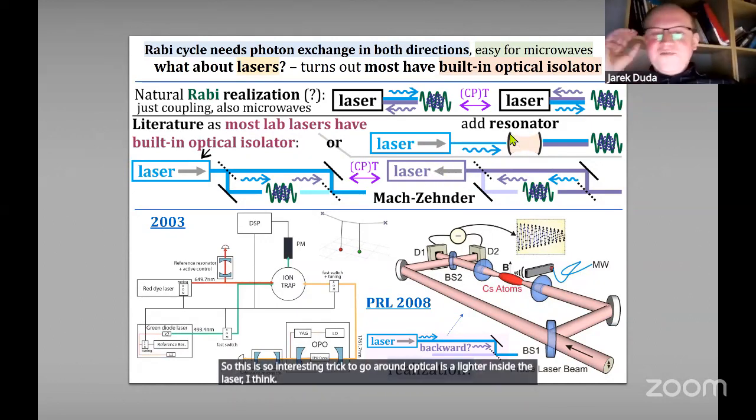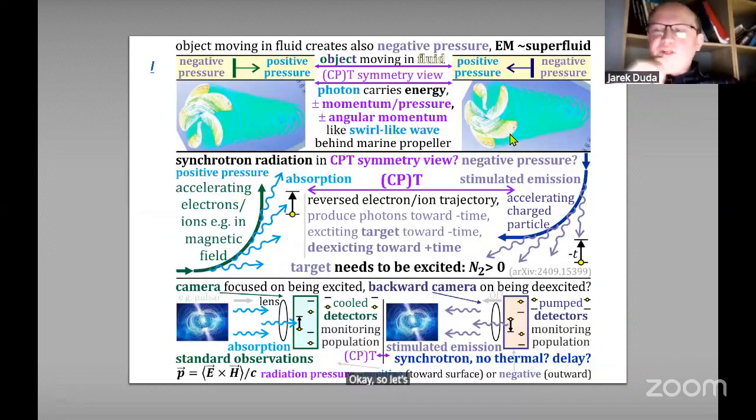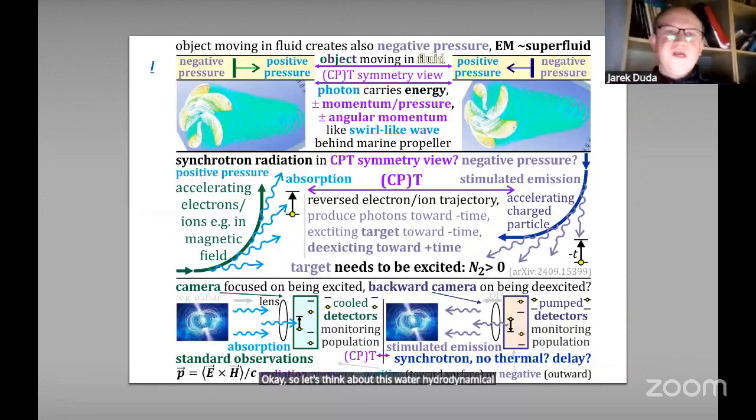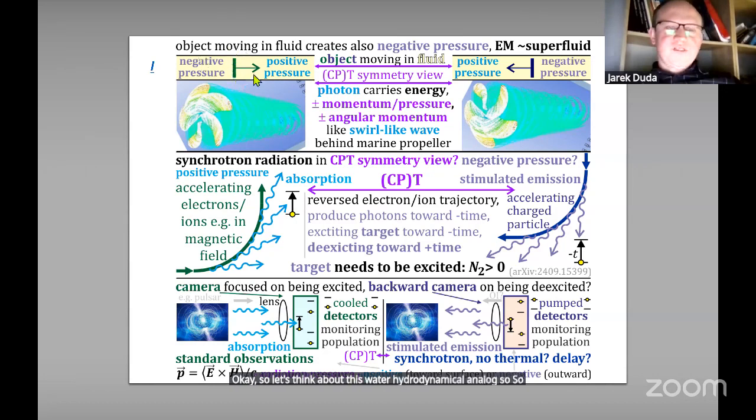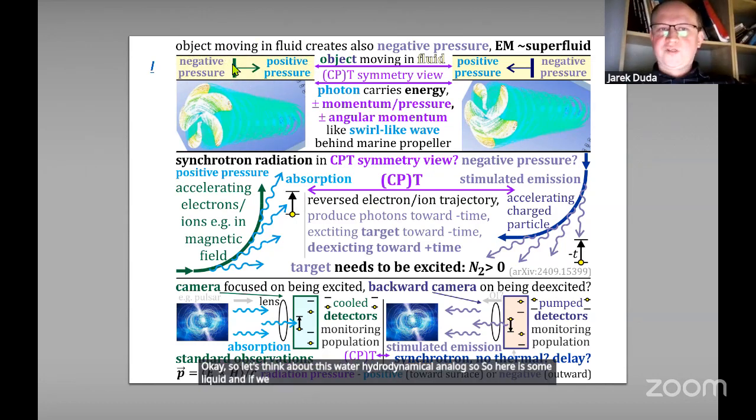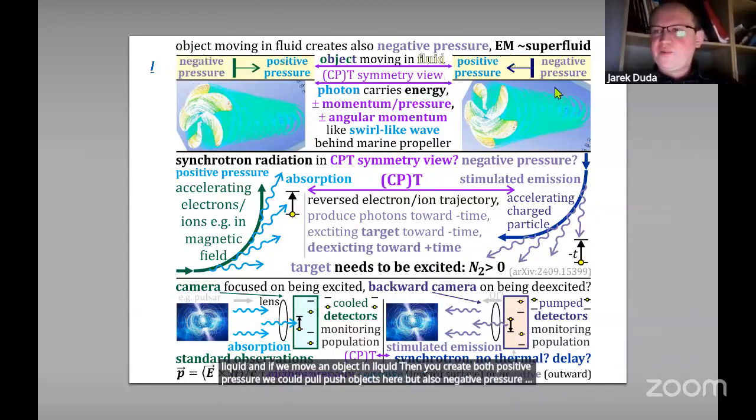Okay, so let's think about this water hydrodynamical analog. Here is some liquid, and if we move an object in the liquid toward the right, then we create both positive pressure, where we could push objects, but also negative pressure. From the CPT perspective, they are switched. And we can think about this spheroidal wave behind a marine propeller.